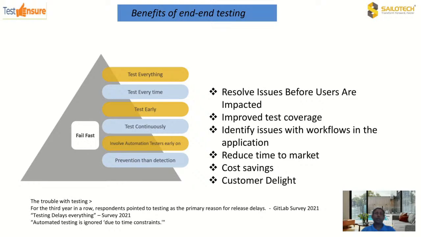And the business success factor depends on application availability and functionality availability 24/7 without any issues. That will result in customer delight. So that's pretty much some of the benefits of end-to-end testing, right?